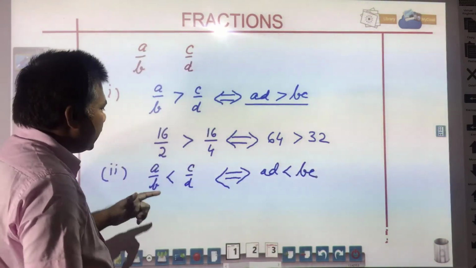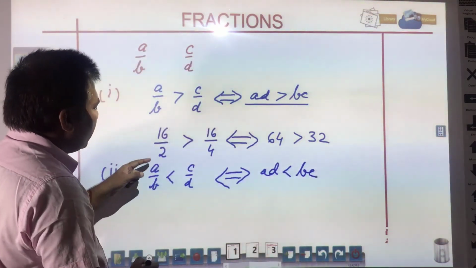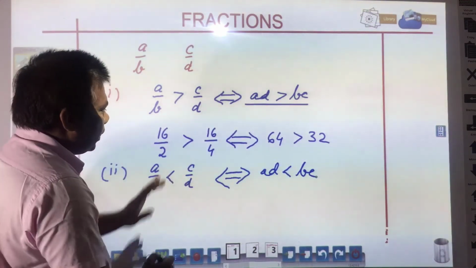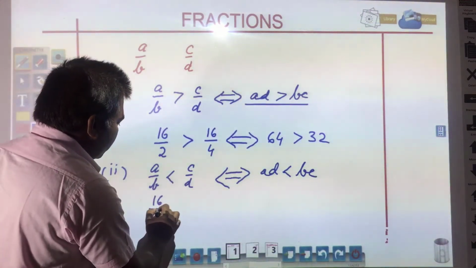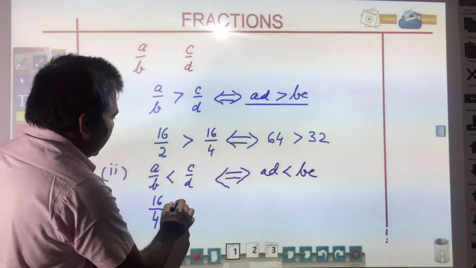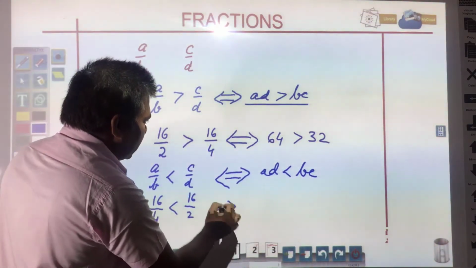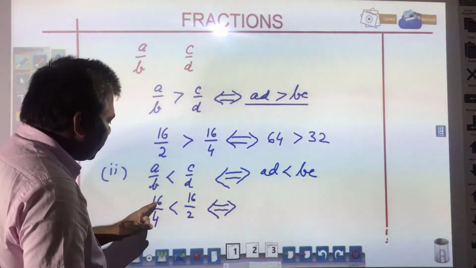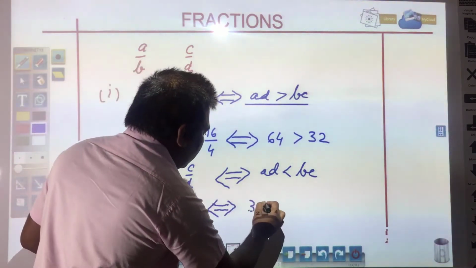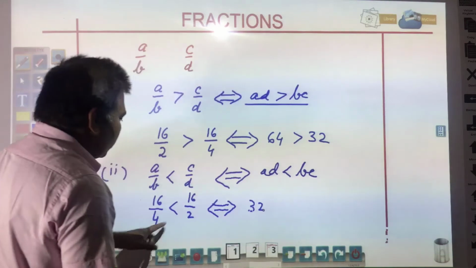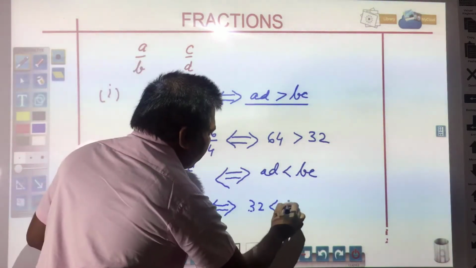Put the value and see. Suppose 16 by 4 is lesser than 16 by 2. In this case AD means what? 16 into 2 is 32, and obviously this will be lesser than 64.